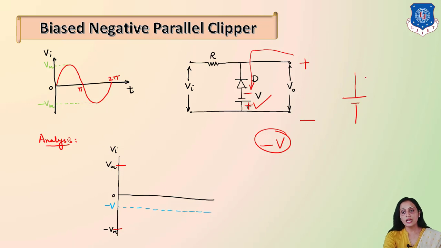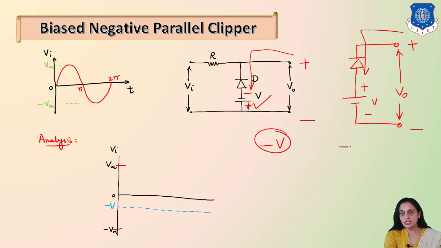If, for example, I have the reference voltage like this, plus minus V, with the diode over here, and I am taking the output across this, that is VO, then I have to consider the polarity of the reference voltage as plus, because plus is connected towards this output.